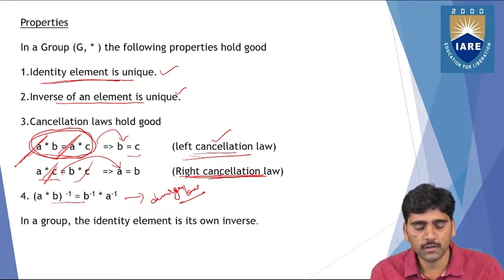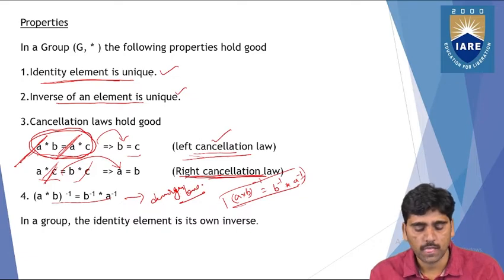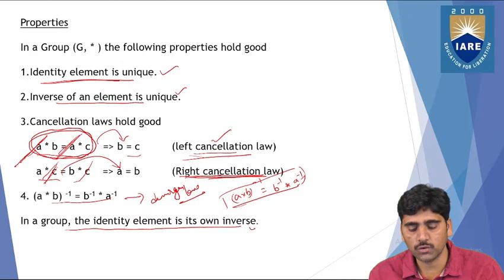And (A star B) whole inverse equals B inverse star A inverse. So this is nothing but De Morgan law. You have to understand this one. And in the group, the identity element is its own inverse.